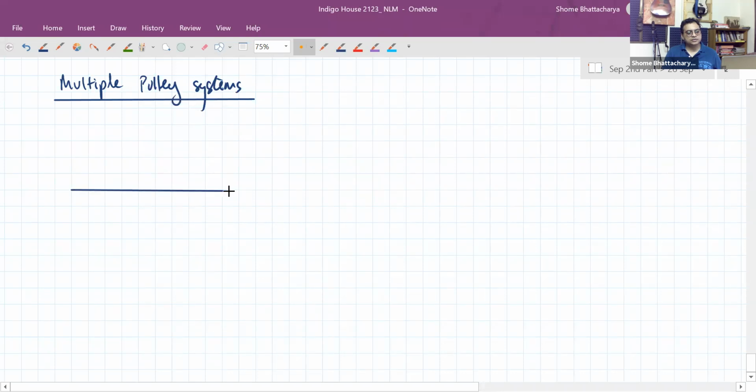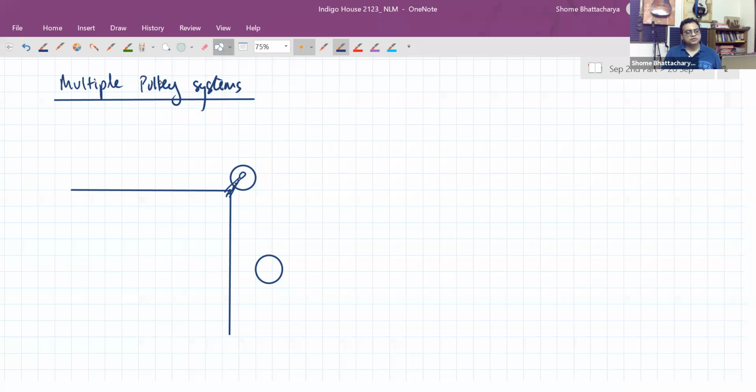So suppose we have a situation like this. Again, a horizontal smooth tabletop, okay, with a pulley here, but there is another pulley in our system such that this is a pulley fixed to the corner of the tabletop, okay, but the other pulley is actually attached to a block, okay, and the thread is going around that.